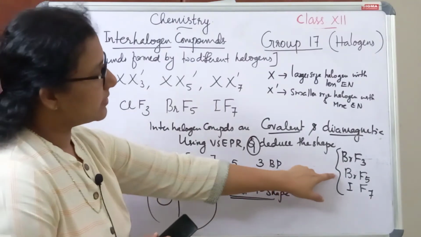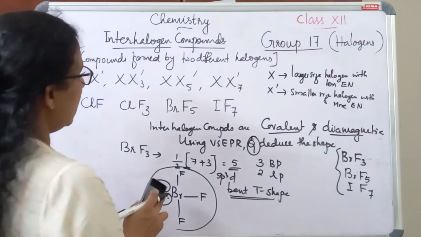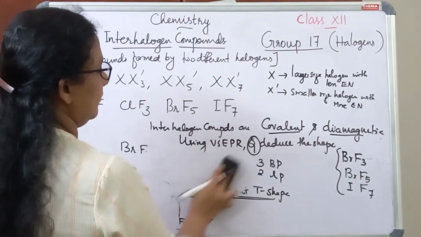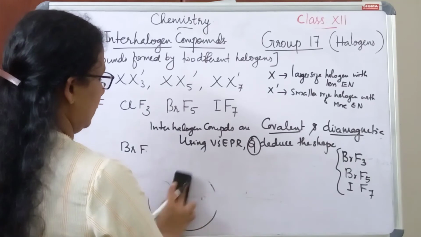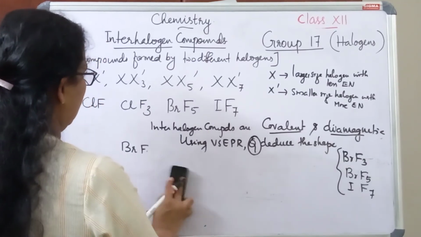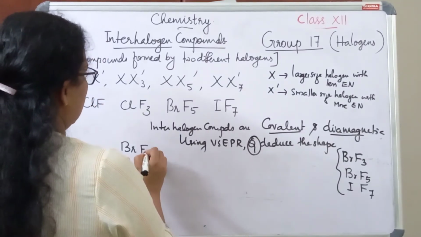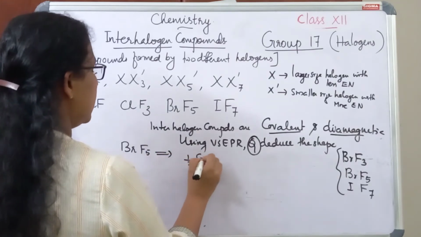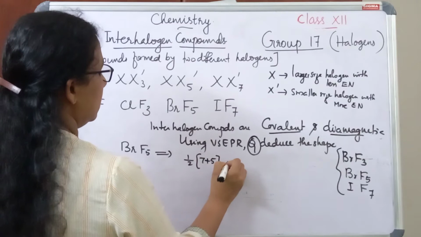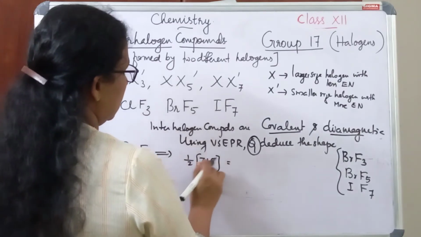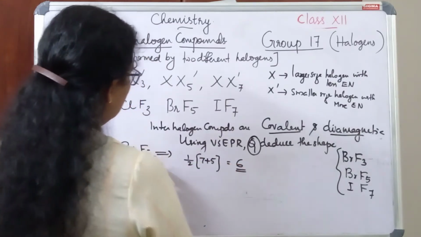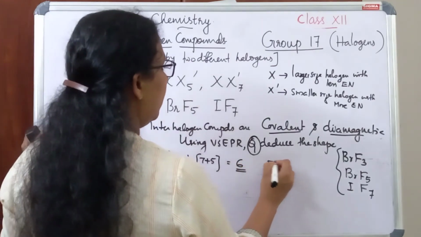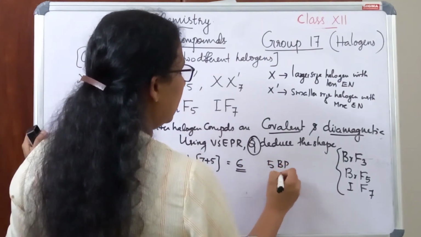Now let us see the next compound, that is BrF5. So BrF5, it is again half into 7 plus 5. So it will be 6. So 5 atoms are attached. So it will be 5 bond pairs and 1 lone pair.